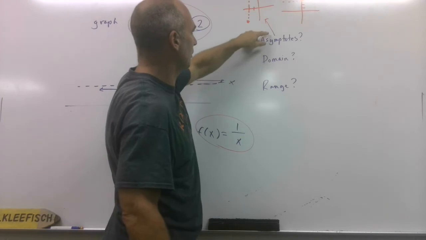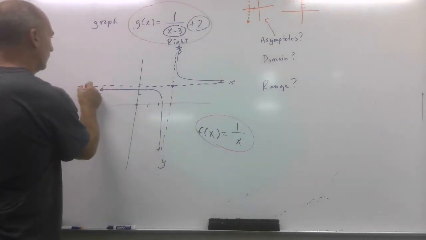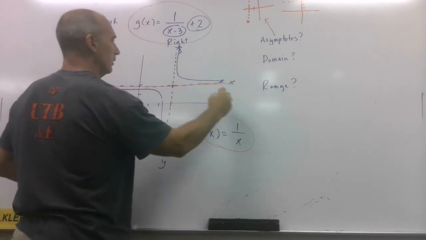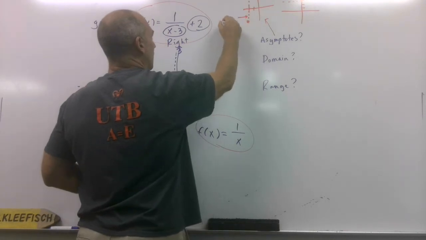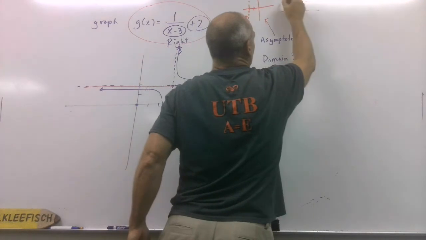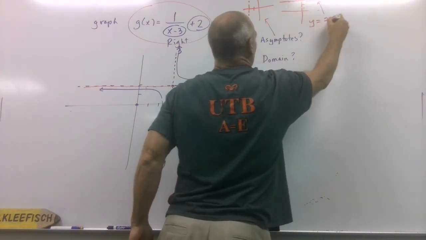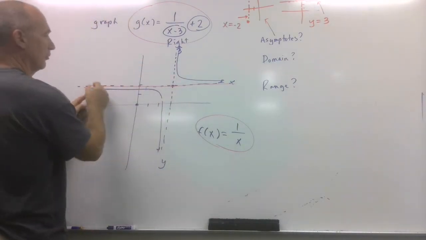Now the reason I got this little arrow up here about asymptotes is you see this is an asymptote. That's a horizontal line. So we know by our review, if it's a vertical line, it's going to be x equals whatever it is, -2. You guys can't see it, but this is a horizontal line, and that's y equals 3. So, yes, this has asymptotes.